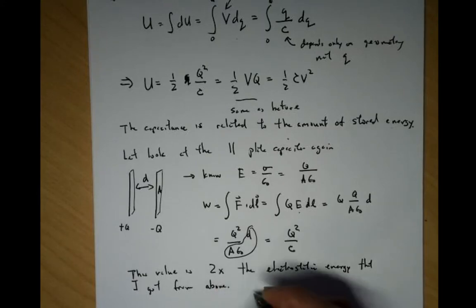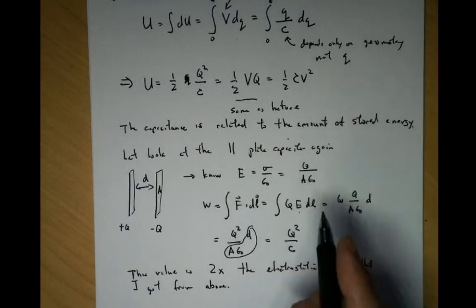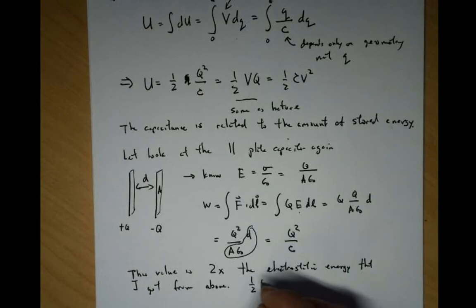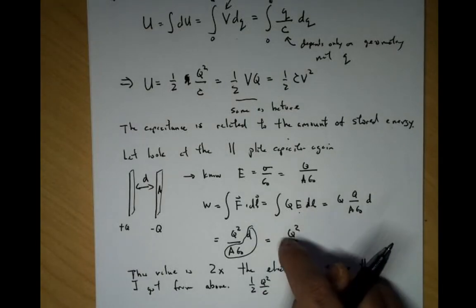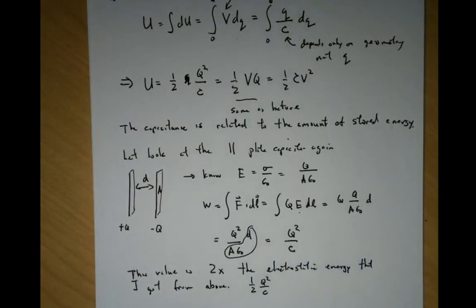So basically what I should have gotten is 1/2 Q squared over C, but I actually got Q squared over C. So that's 2 times that energy.